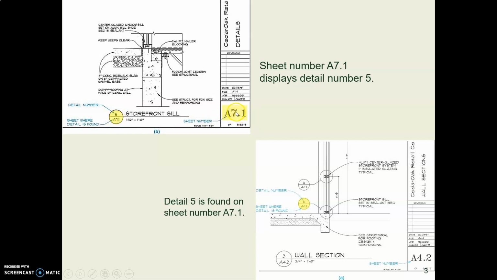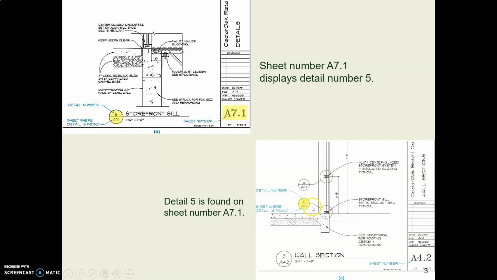Yes, we are on sheet A7.1, and here is that close-up of that sill and that glazing and how everything goes together.